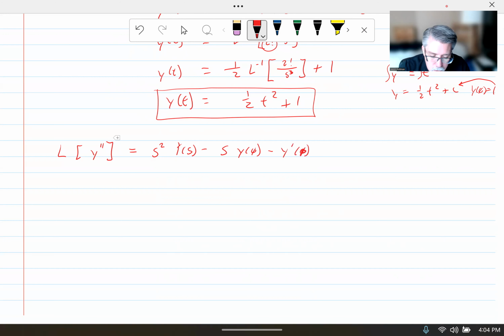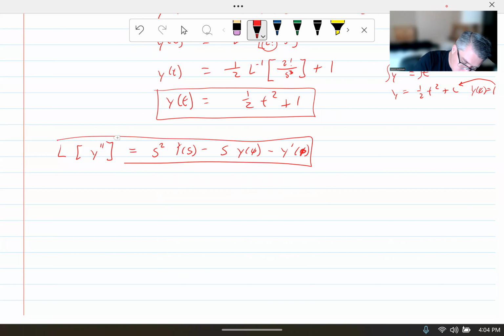So we need to know the value of the function at 0, and then the value of the derivative of the function at 0. So we need 2 initial conditions if we want to solve a second order differential equation using this Laplace transform method.